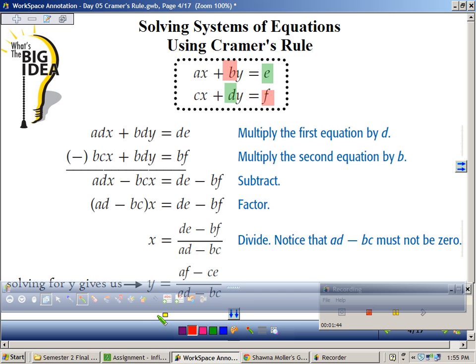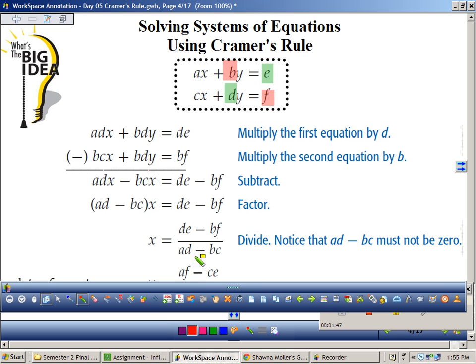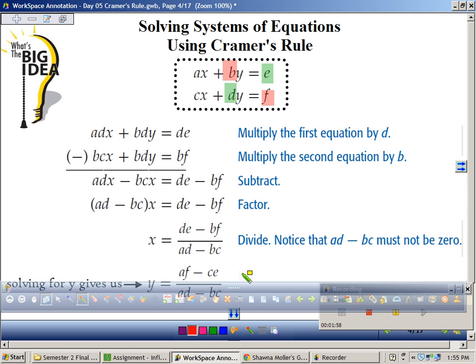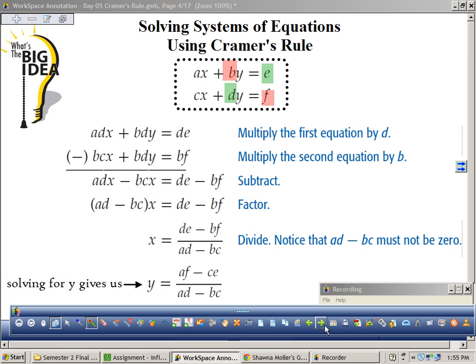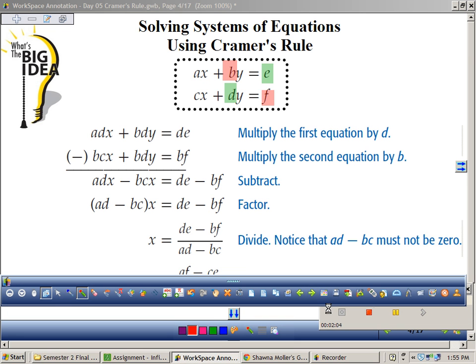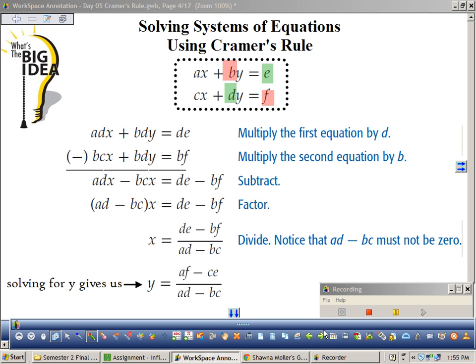The determinant, right? And what about this one down here? It's A, C, B, D, right? Do you see it? Okay, so let's work off that.